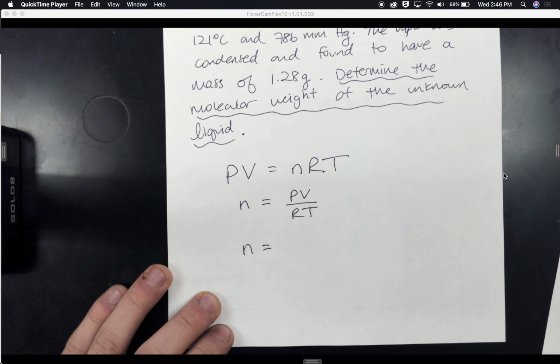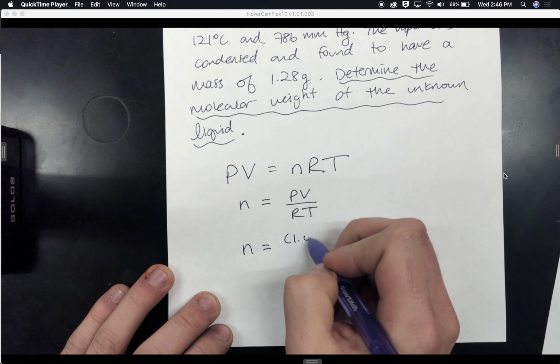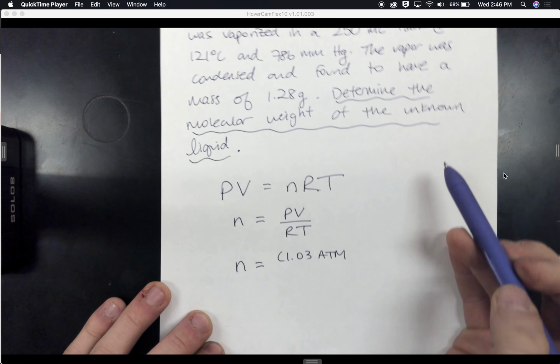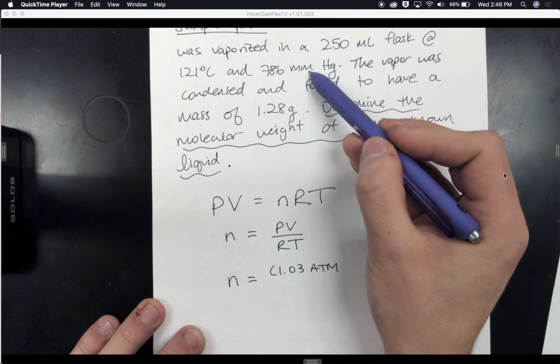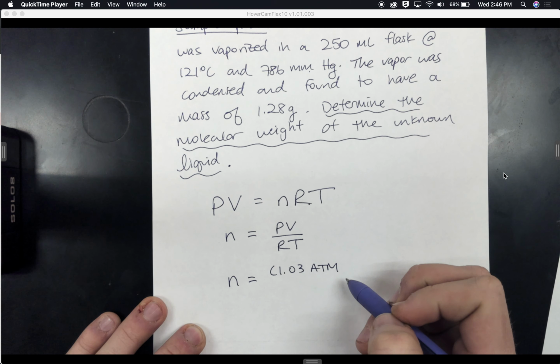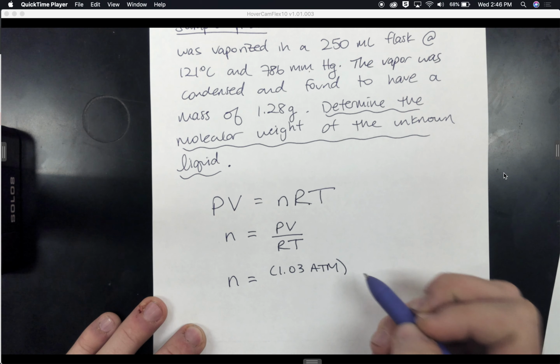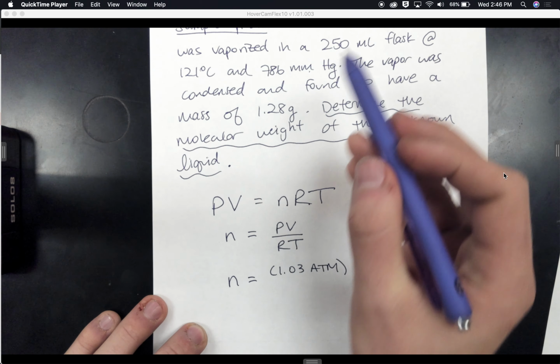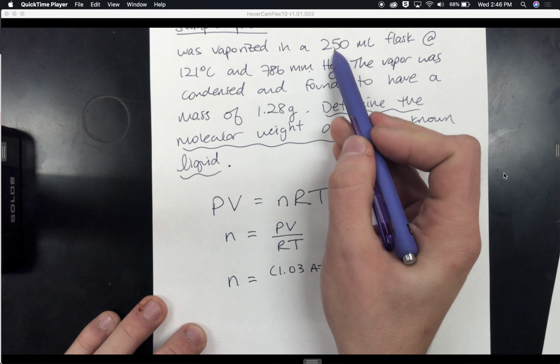n equals pressure, 1.03 ATMs. Remember, we had to convert this to ATMs. We divided by 760 millimeters of mercury to get to ATMs. Next is our volume. We have a 250 milliliter flask.